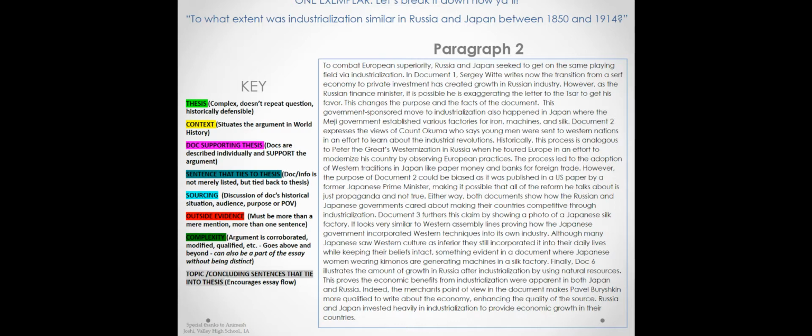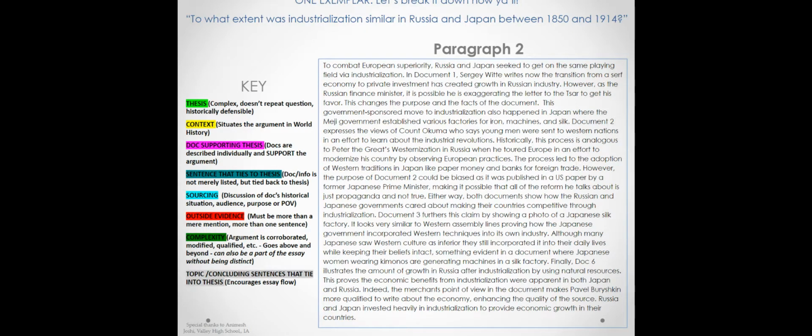Finally, Document 6 illustrates the amount of growth in Russia after industrialization by using natural resources. This proves the economic benefits from industrialization were apparent in both Japan and Russia. Indeed, the merchant's point of view in the document makes Pavel Berezhkin more qualified to write about the economy, enhancing the quality of the source. Russia and Japan invested heavily in industrialization to provide economic growth in their countries.